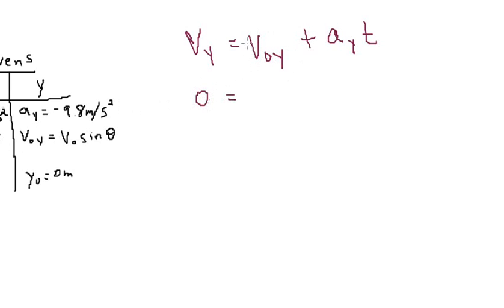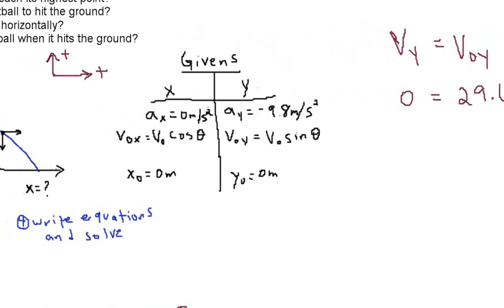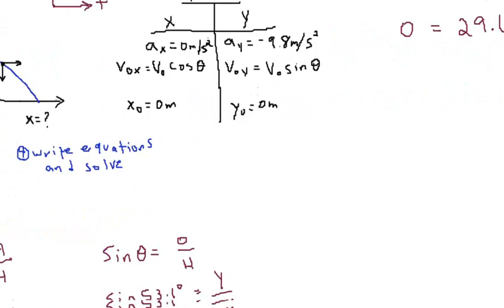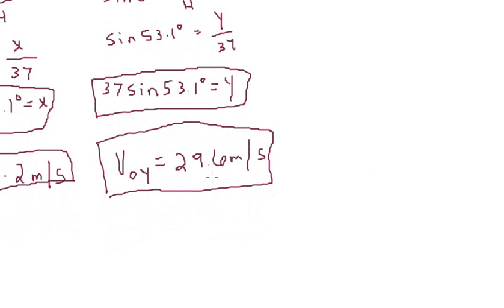This one is the initial velocity in the y direction, which we solved. We said that the initial velocity in the y direction is 29.6, and it's positive because the ball is traveling upwards. We found this over here. Let me show you. Okay, 29.6.